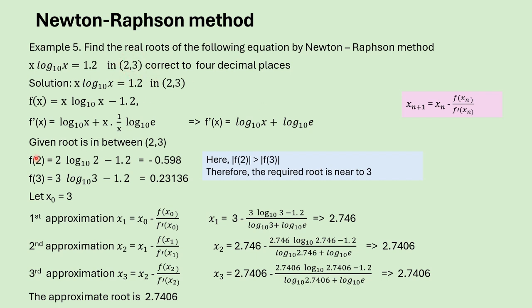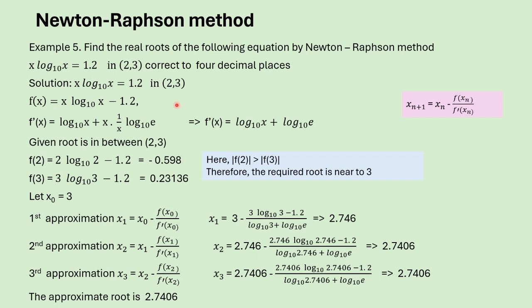Now here it's given 2 and 3. So the given root is between 2 and 3. Now we'll put the value for 2. F of 2: when we put the value of 2 here, we get 2 log 2 to the base 10 minus 1.2. On simplifying, we get minus 0.598.